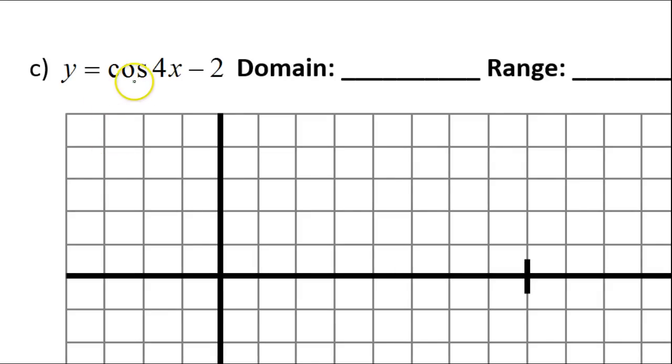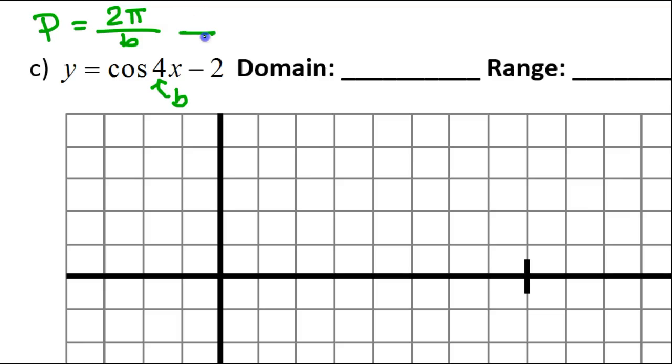Okay, for part C we've got cosine, but we have some changes here. Now when you have a number in front of the variable like this, that is a B value. That's going to come up right now because the period is going to be given by this little formula. It's always 2 pi divided by that B value.